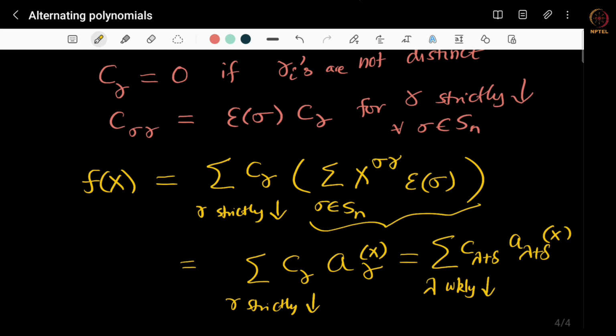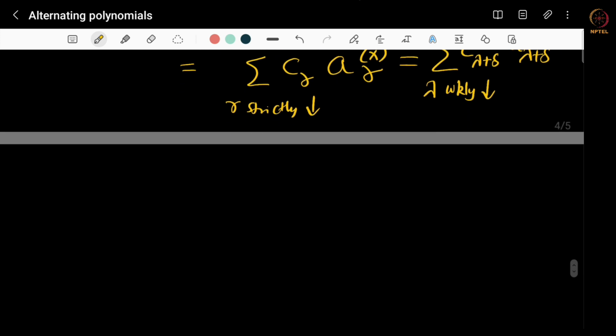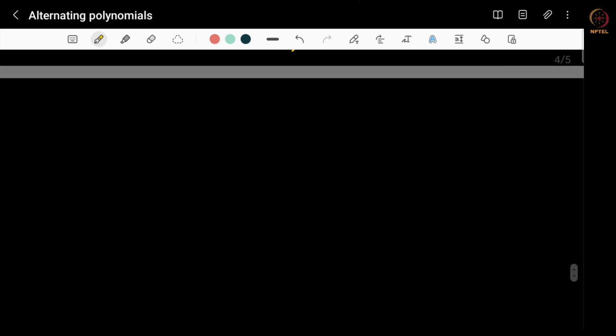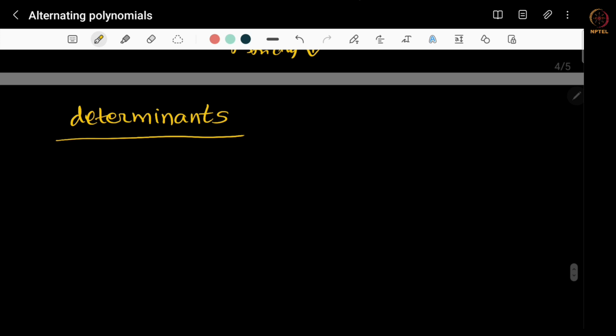This is just going to be the summation of c_gamma a_gamma, because this term here is exactly my a_gamma. And now of course gamma is strictly decreasing, and you can replace it with lambda weakly decreasing, because we had a bijection. I should have put the variable x there. So it's the exact same proof that we gave in the case of symmetric polynomials. That's the reason why these alternants are important.